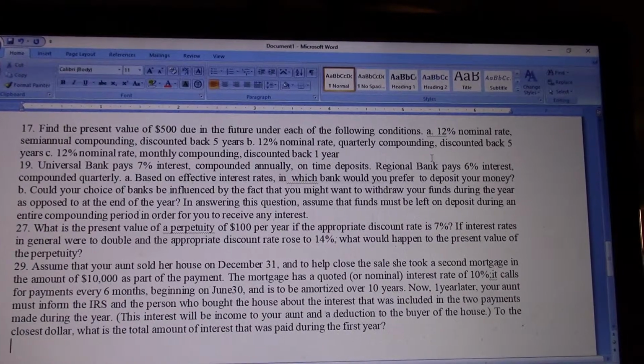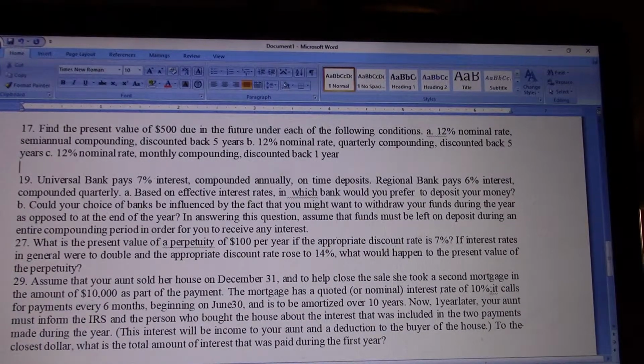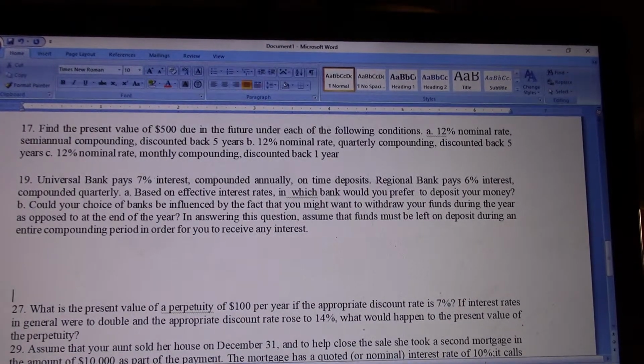Okay, so for 17, it's similar, but you need to consider a different N and a different rate. If it's compounded more frequently, the rate should be lower, but N should be a bigger number, right?